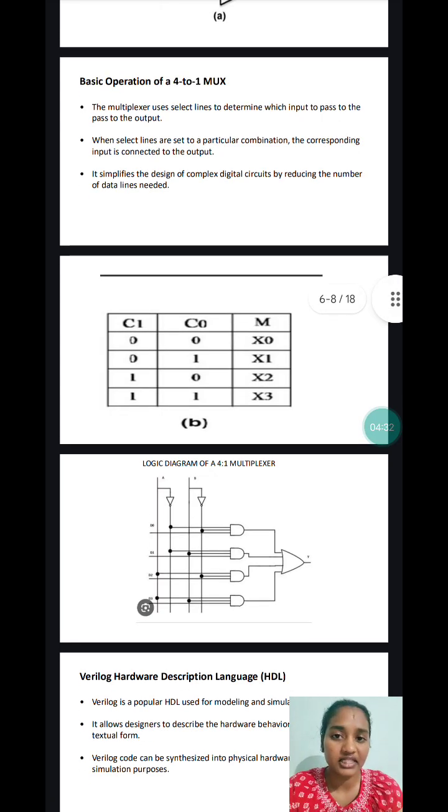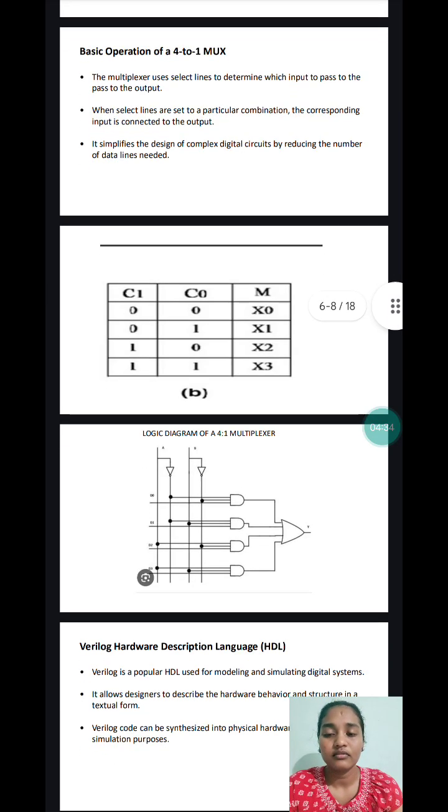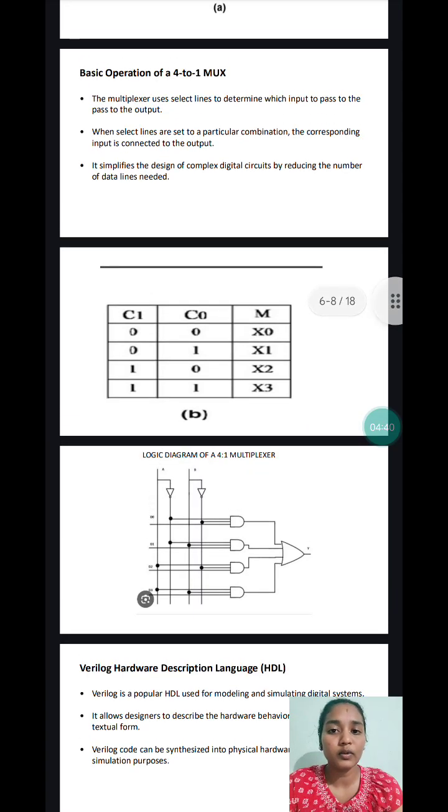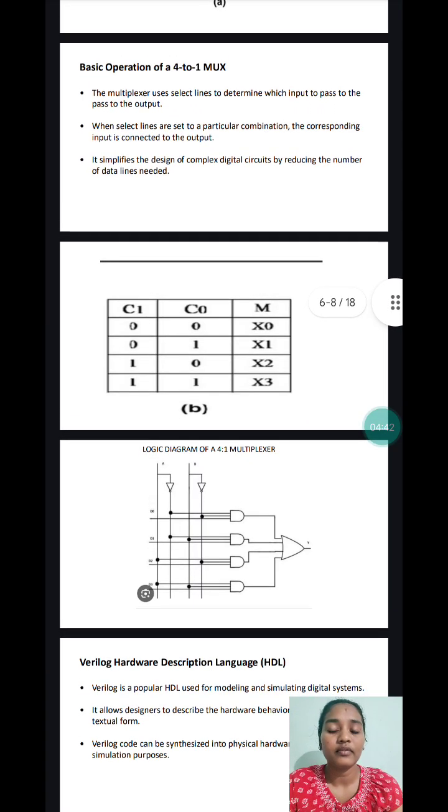Only the select lines can select the input. When select lines are set to a particular combination, the corresponding input is connected to the output. It simplifies the design of complex digital circuits by reducing the number of data lines needed.